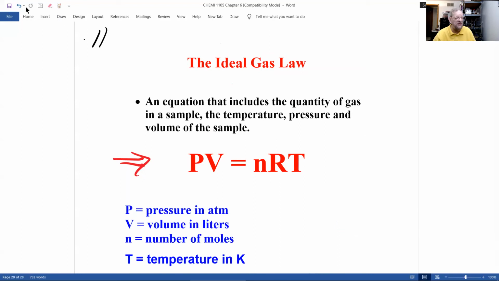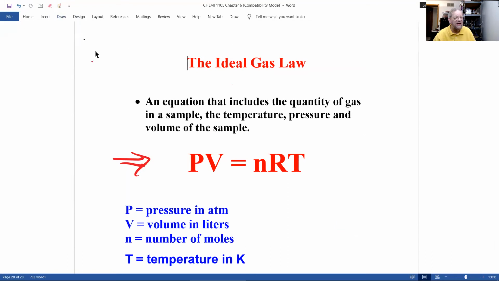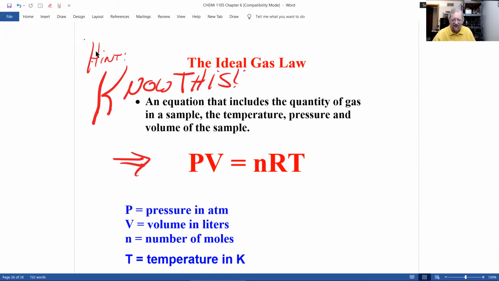Ooh, wrong color to be subtle. If I could write this larger, I would. Know this: PV equals nRT.